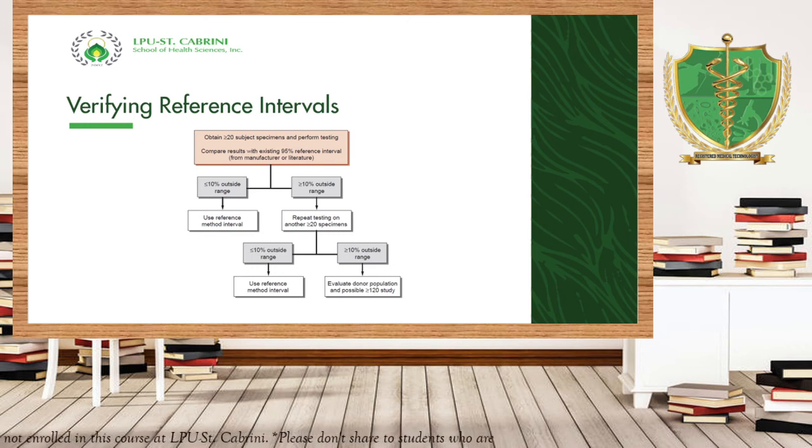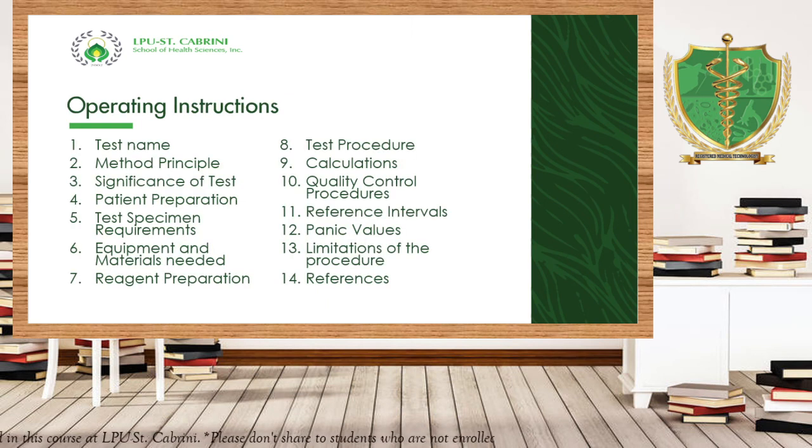Once again, if we have greater than 10% outside the range, then we have to evaluate the donor's population, and possibly we have to use 120 samples. Okay? So this is the algorithm on how we verify our reference intervals.